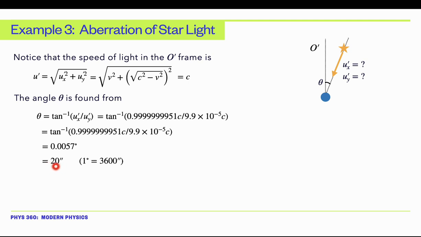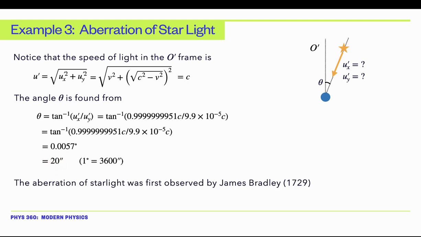You could certainly measure this with telescopes very easily. And they did. James Bradley, back in the 1700s, actually measured this change in the position of stars perpendicular to the Earth's motion, and he confirmed that it was around 20 arc seconds for stars perpendicular to our motion.